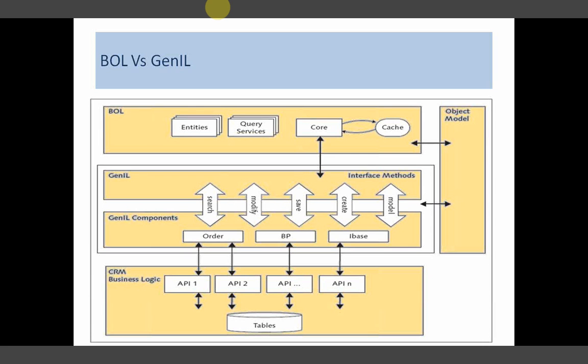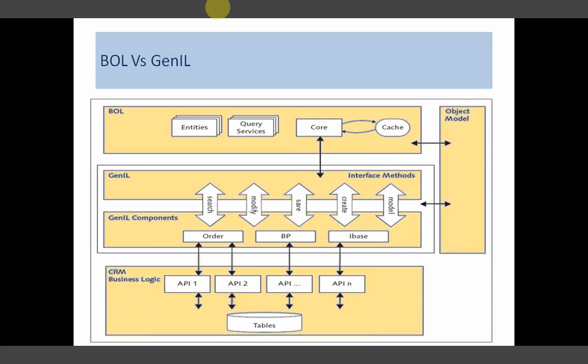So from a model, the request will come, for example, for creation: maybe creation of a sales order, creation of an account, creation of some customer, creation of a service request. That type of request is called create.